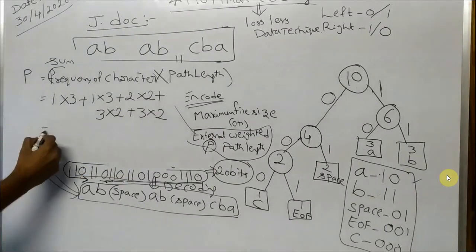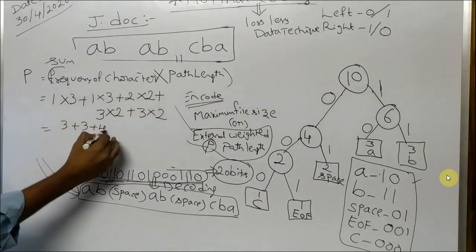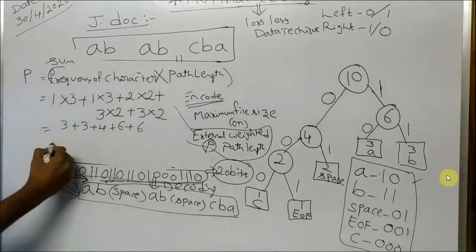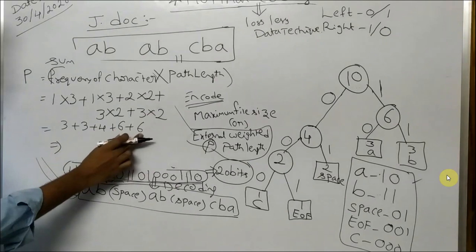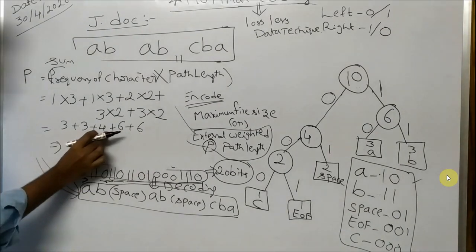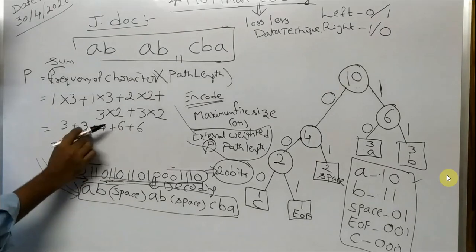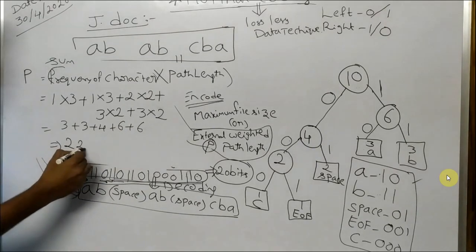Now calculate all these: 3 plus 3 plus 4 plus 6 plus 6. 6 plus 6 is 12, 12 plus 6 is 18, 18 plus 4 is 22 bits.